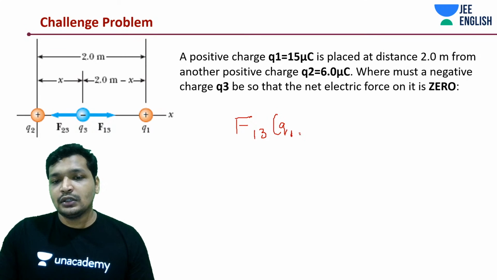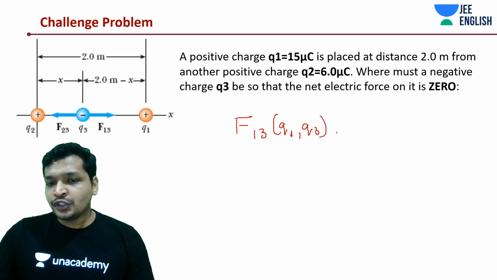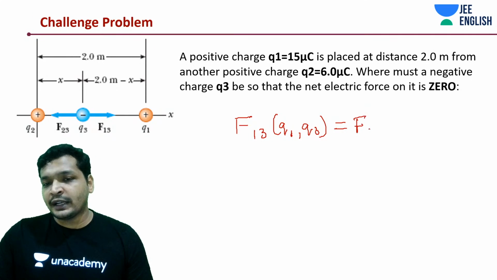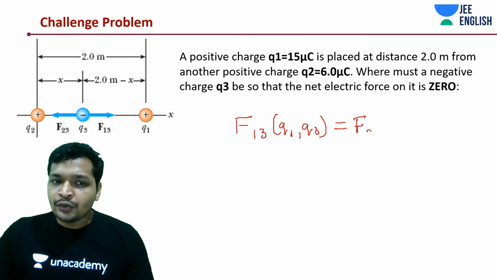Q1 and Q3 should be equal to the force of attraction between Q2 and Q3.